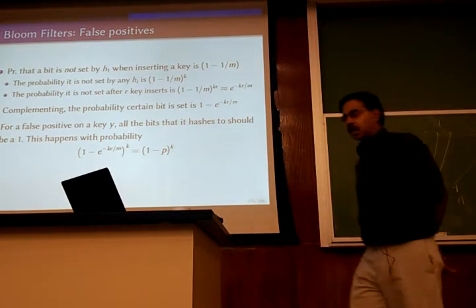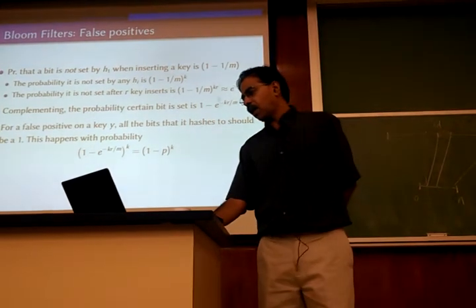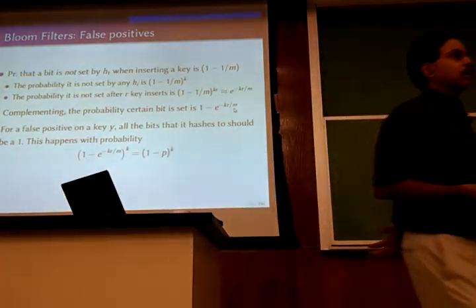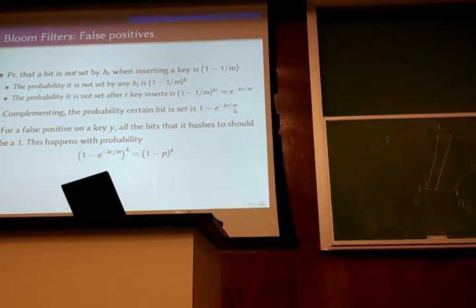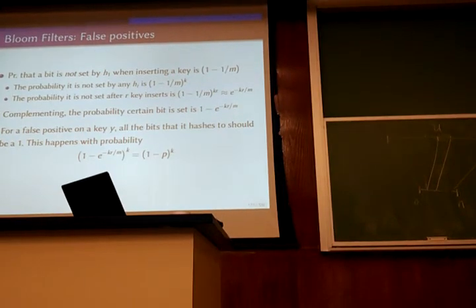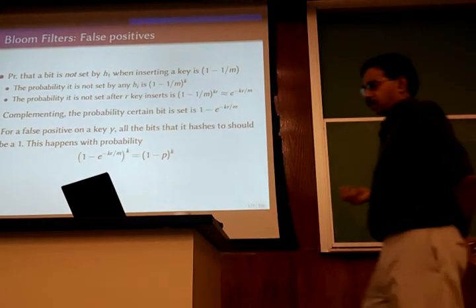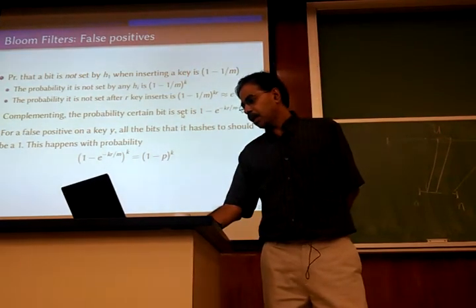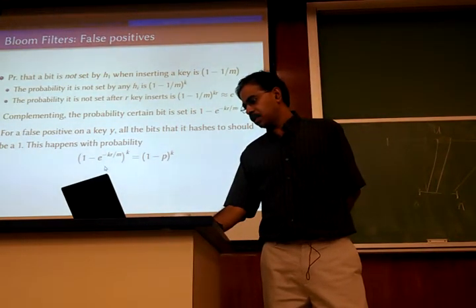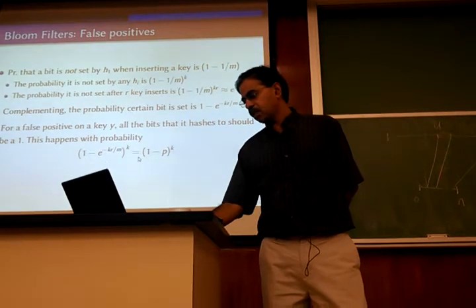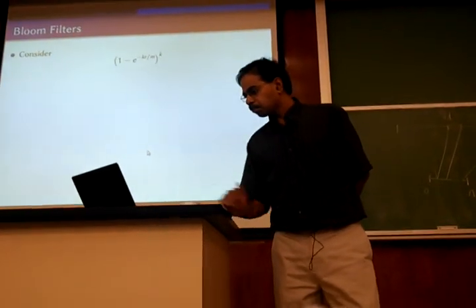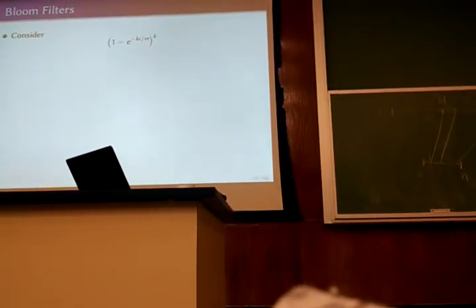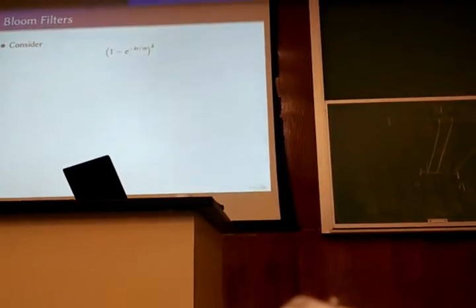So after inserting r keys, this is the probability that any one bit that we take at random in the vector is going to be set. Now, if you want k such things set, we just raise it to the exponent k, and because we don't like to keep saying e to the power minus kr by m, we'll just call it p.